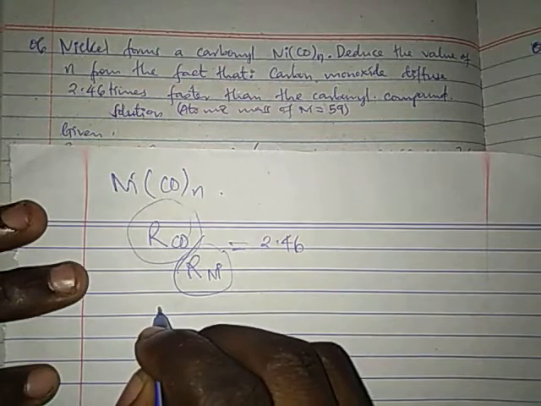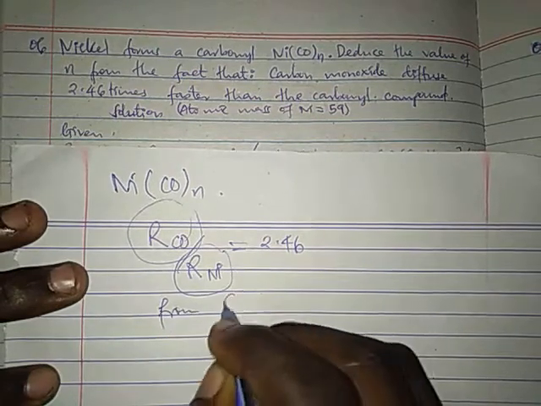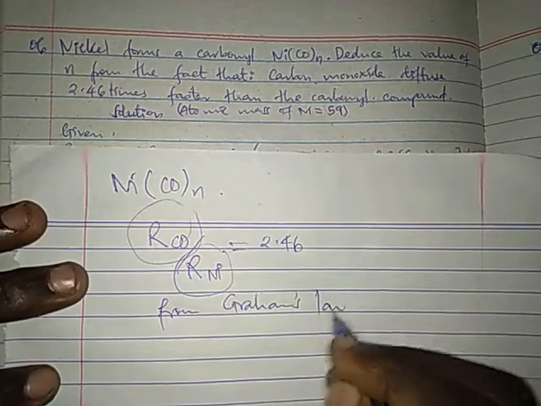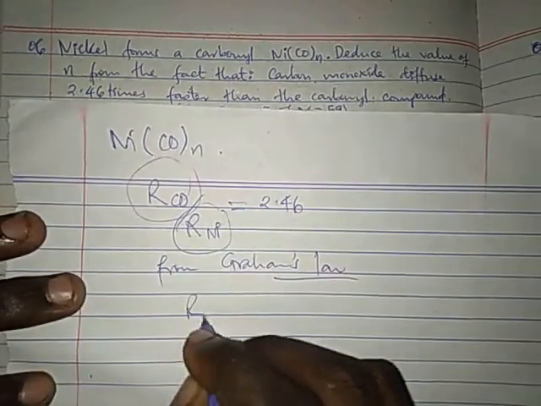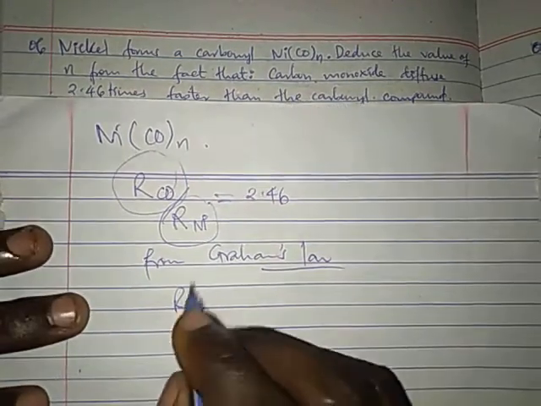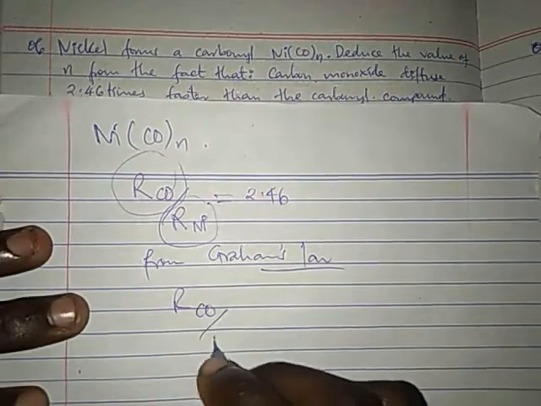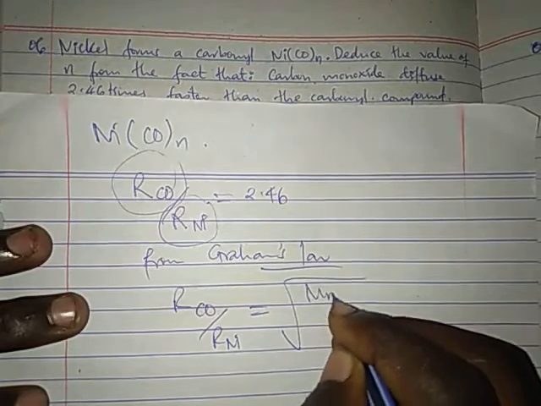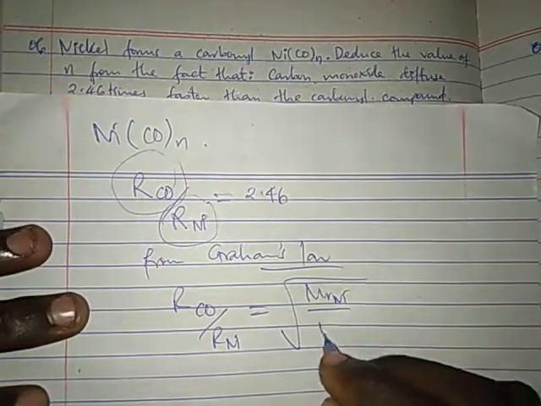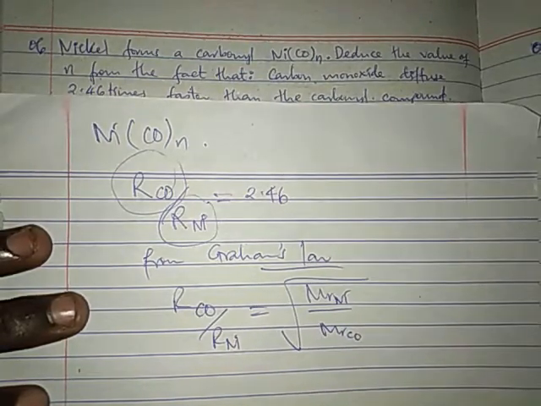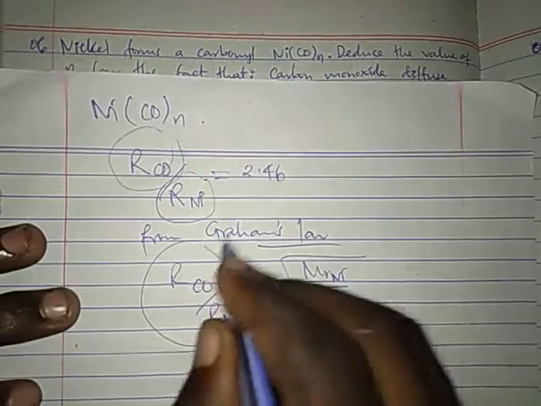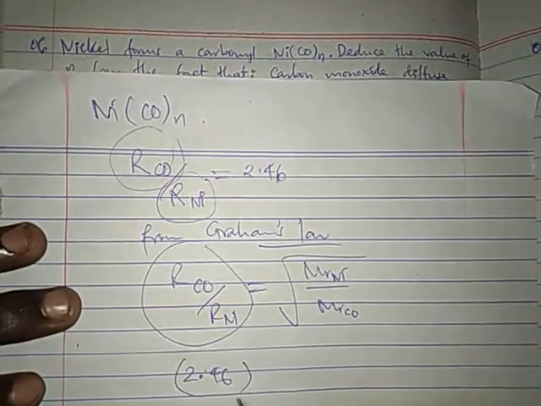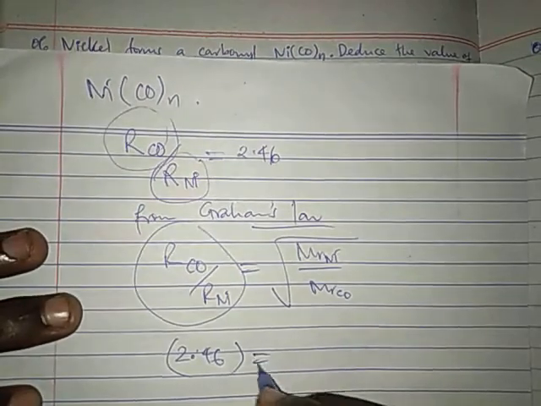Sasa unachokisema hapa ni kwamba from Graham's law tunasema tu rate ya carbon monoxide kwa rate ya nickel itakuwa square root of molar mass ya nickel compound kwa molar mass of carbon monoxide. So this is known, ni ile pale 2.46 is equal to ngapi?